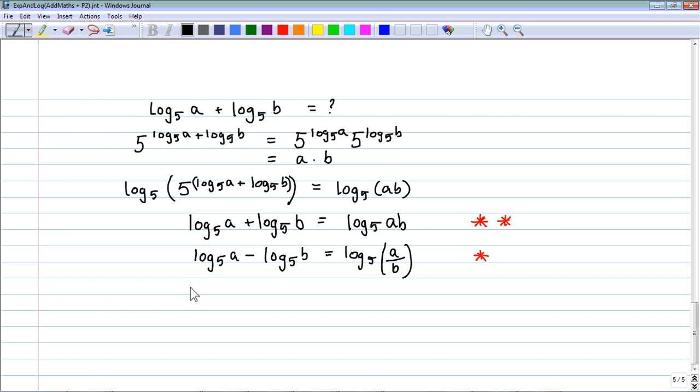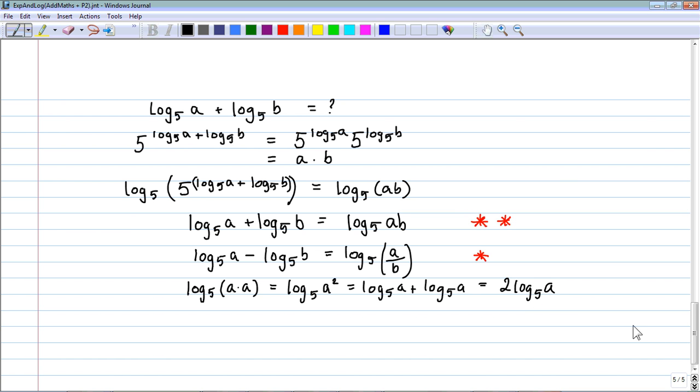So, for example, suppose I had log base 5 of a times a, which could also be written log base 5 of a squared. Well, according to this first law, you can see that's the same as log base 5 a plus log base 5 a, which could also be written 2 log base 5 a.